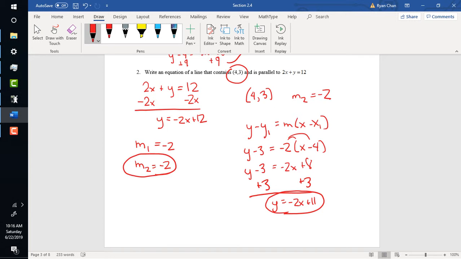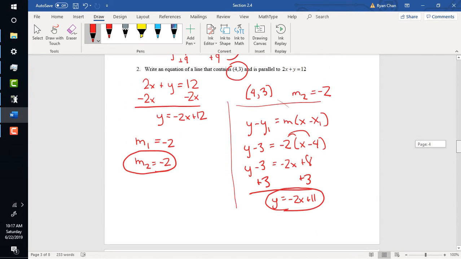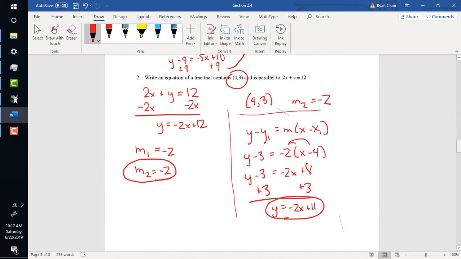Once you get the hang of things, this shouldn't be very difficult. If you're struggling with this, practice 2.3, that's what helps. The second half of our problem, we know how to do because that is from 2.3. This is point-slope form.